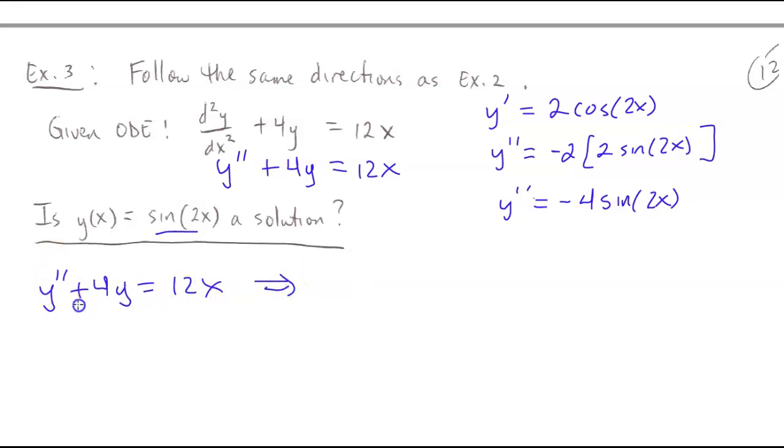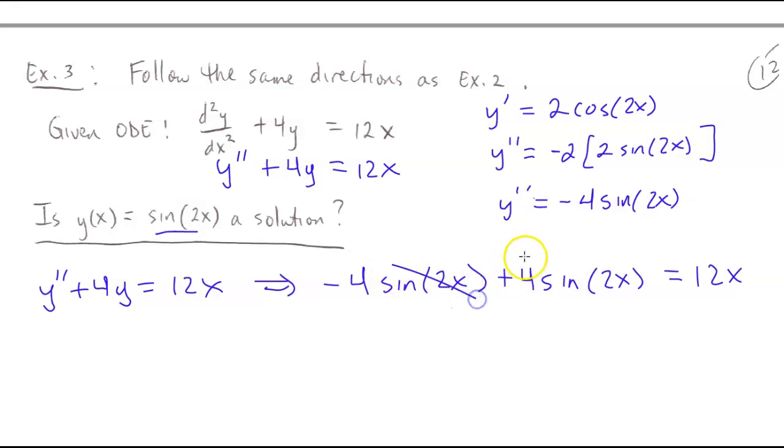So here we are going to substitute in minus 4 sine of 2x plus 4 times y, and that's just going to be sine of 2x, and say that equals 12x. Of course, these two terms here cancel to 0, and here we see that 0 is not going to be equal to 12x for all values of x, okay?